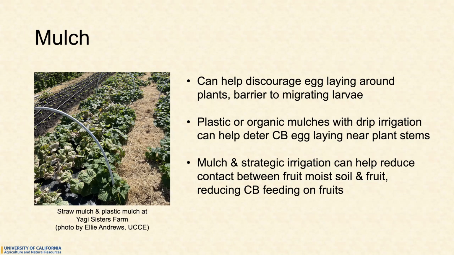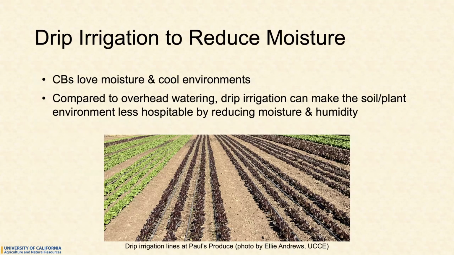Thinking through mulching and strategic irrigation can help reduce contact between fruit and moist soil, reducing cucumber beetle feeding on fruits. Like I mentioned, they like to feed on the side of the fruit that's in contact with the soil. And here's a nice example in this photo of a straw mulch, plastic mulch combination at Yagi Sisters Farm.